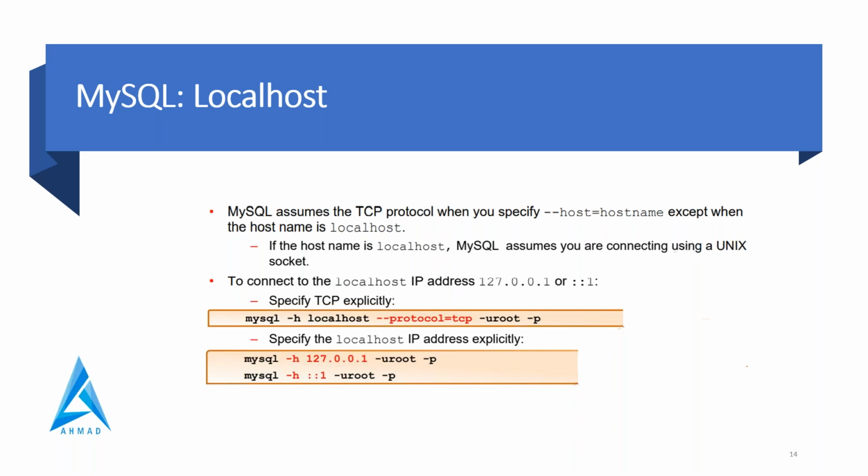To connect to localhost over TCP, we can use 127.0.0.1 or ::1. If you specify TCP explicitly, you can use mysql -h localhost --protocol=TCP -u root -p. And if you specify the localhost IP address explicitly, you can do so in these two ways, which I have mentioned here.